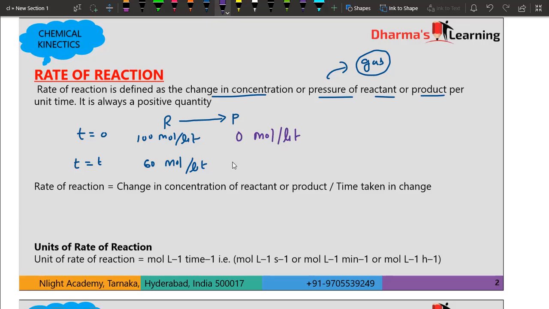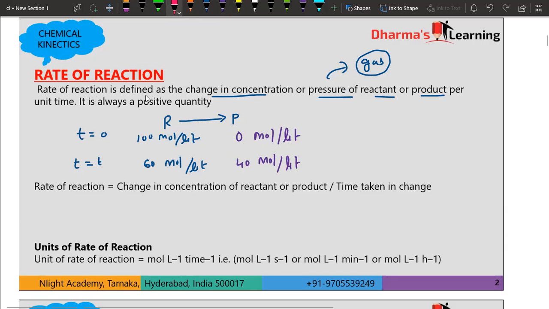So 100 mole of reactant changes to 60 mole, meaning the product, which is 0 mole initially, is going to form how much? 40 mole per liter. When can I say that? When there is 100% completion, or when the reactant is completely converted into the product. So out of 100, 60 is remaining, and 40 mole per liter of product is formed. Now see, very important here.